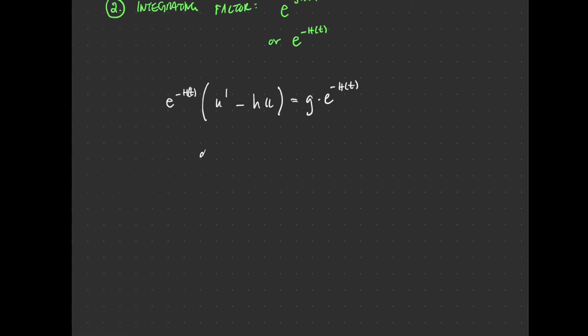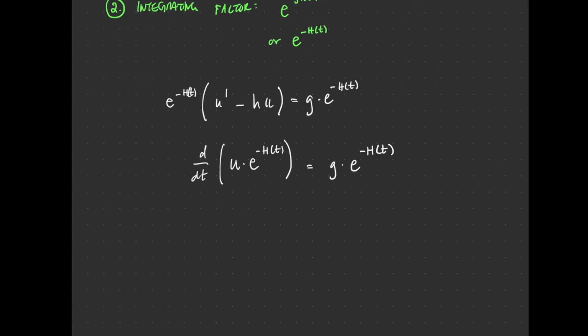The left-hand side really looks like the derivative of u times e to the minus H of t. See why that's the case, knowing what the derivative of big H is, that negative sign, the product rule, etc. So that's the left-hand side, and this is equal to g of t times e to the minus big H of t.